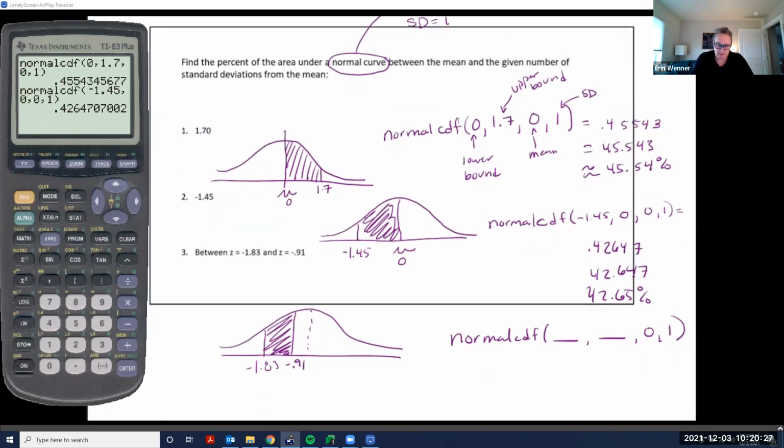So our lower bound is at negative 1.83. Our upper bound is negative 0.91.